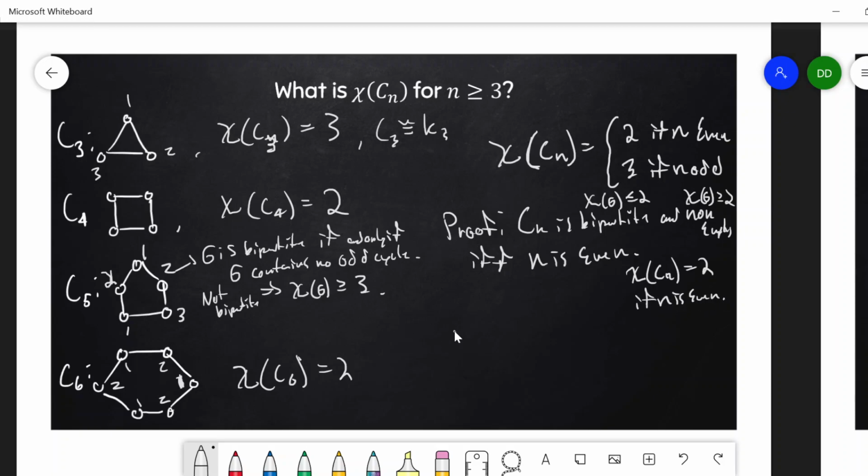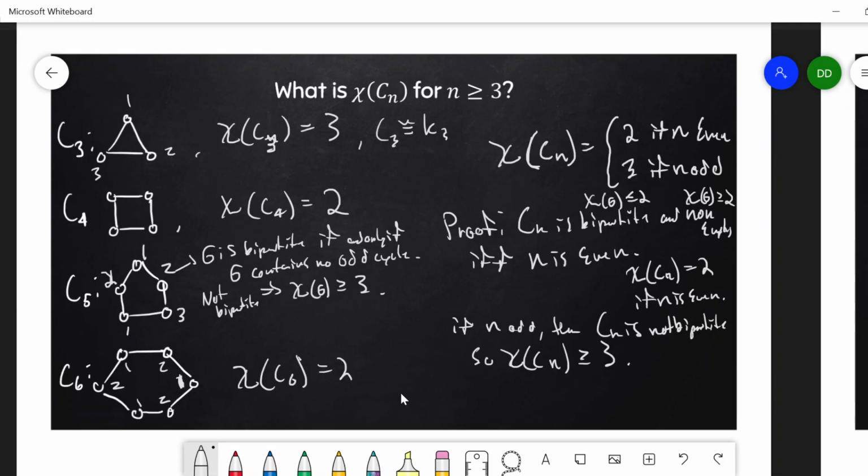So if n is odd, then Cn is not bipartite, so the chromatic number of Cn would be at least 3. And so now we need a 3-coloring of it.